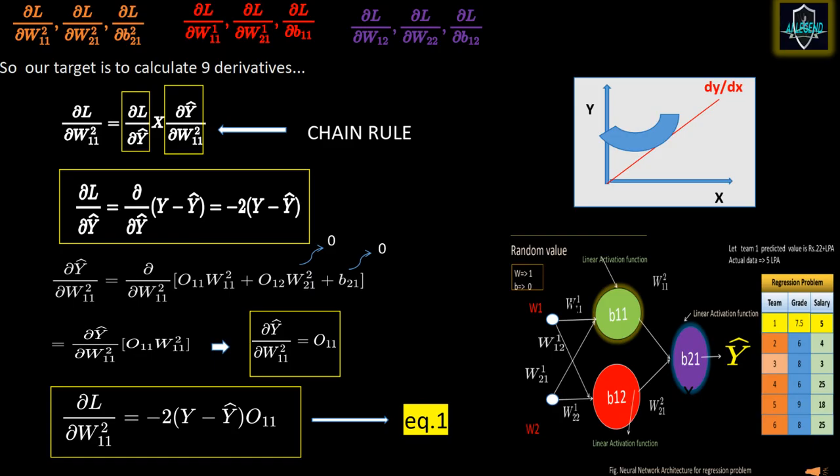But I want to give you the intuition that we have to minimize our loss function, and L depends on y hat and y hat depends upon W211. Then why are we finding derivatives of this, and what are we getting from this quantity? We need to understand that.